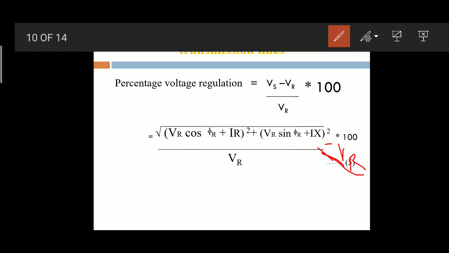In that I missed the VR, that's why I wrote the minus VR. Okay, this is the percentage voltage regulation formula.